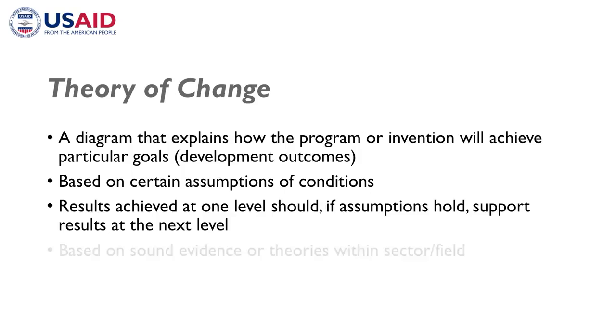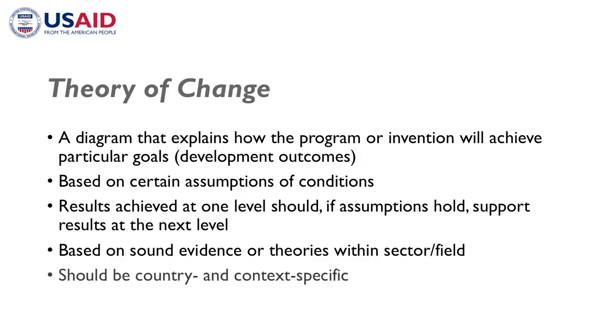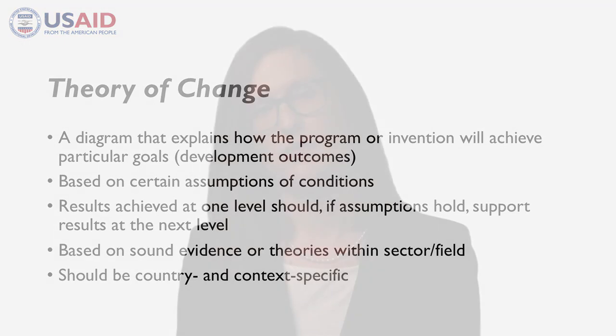Good theories of change are based on sound evidence and theories that are drawn from the best available evidence from the sector and the field. And they should be country and context specific. So whenever you develop your program theory of change, we need to understand not just the process of, for example, certifying land rights and how that process leads to development outcomes, but also what the particulars of the country context are.